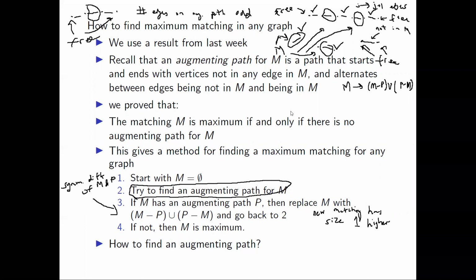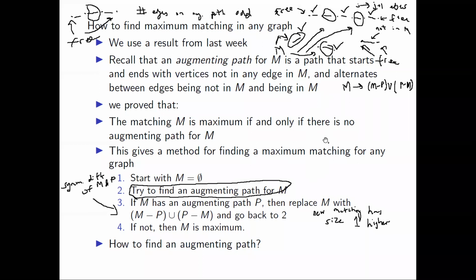And we're going to focus on how to find that path in a bipartite graph. But before we do that, I just want to mention everything on this slide applies to any graph. So we didn't make any assumption about the graph being bipartite on this slide.